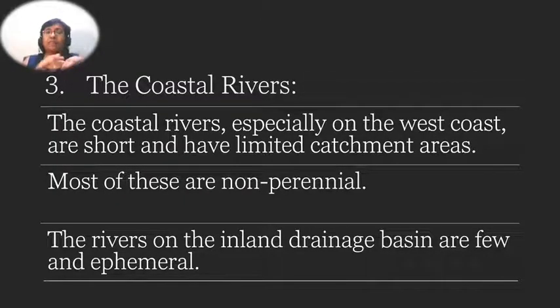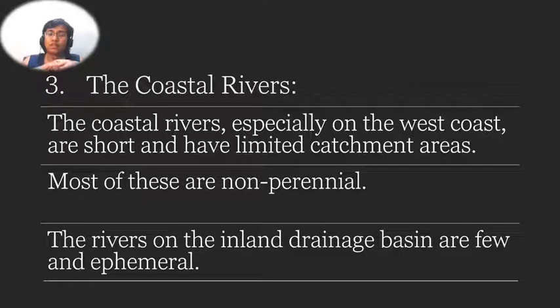Catchment area is that place from which the river gets its water flow. That is, these are the places surrounding the river. If there is rainfall in these areas, then that water is carried by the river. And because rainfall is not constant throughout the year, we can see that these rivers are non-perennial in nature.